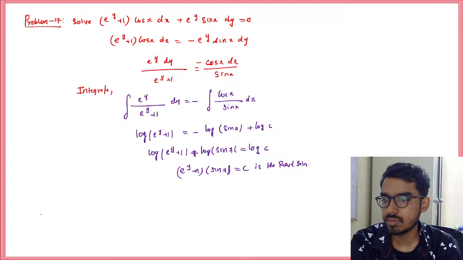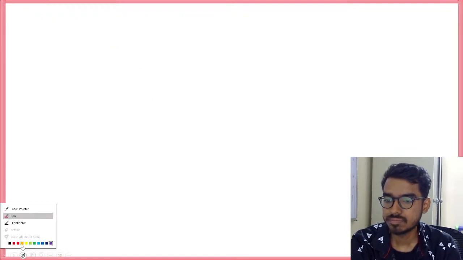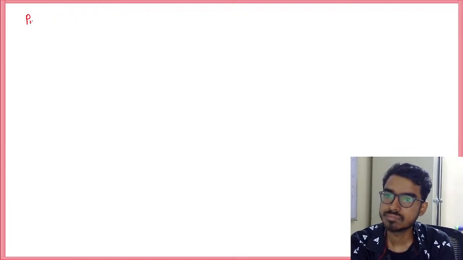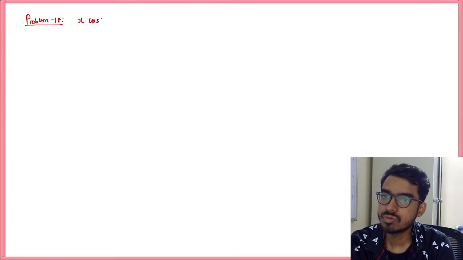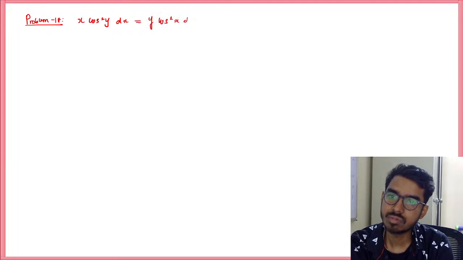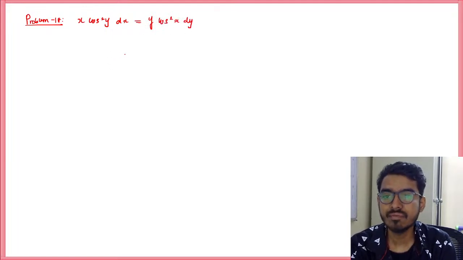On to 18th problem. x cos square y dx is equal to y cos square x dy. Right, let's try to separate the variables first.